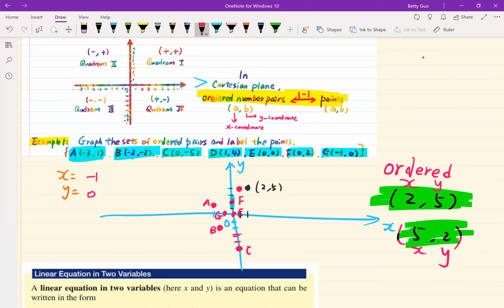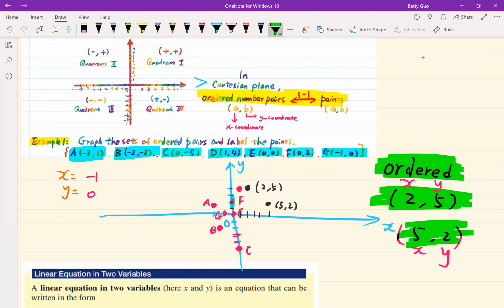So that point is 5 units to the right, 1, 2, 3, 4, 5, and 2 units above. It's right here. That is 5, 2. They are different, right? That's the reason ordered is a keyword when we talk about a point in a rectangular coordinate system.